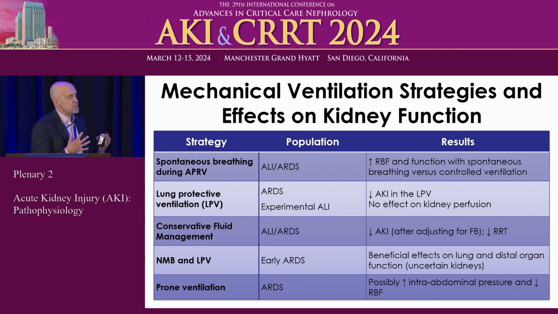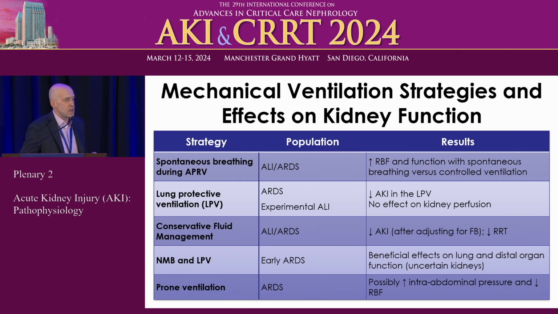What are the strategies we can think about in mechanical ventilation and its effects on the kidneys? I've gone through these, but spontaneous breathing versus APRV has not really been looked at, but there is some early suggestion that maybe there's preservation of renal blood flow and function with spontaneous breathing versus controlled modes. Lung protective ventilation, I think I've shown you lots of data on that, may reduce the risk and/or incidence of AKI.